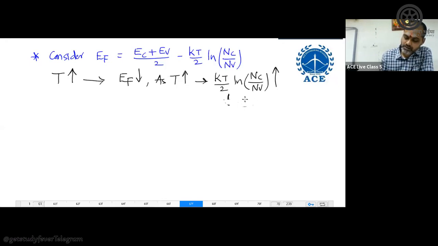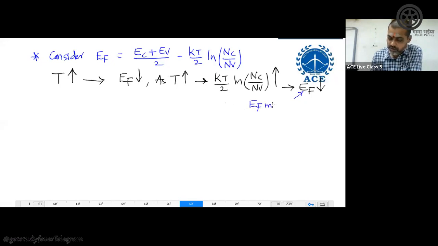EF decreasing means EF moves downward. Am I correct?